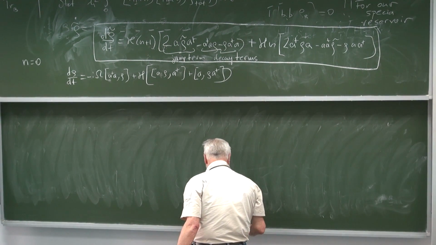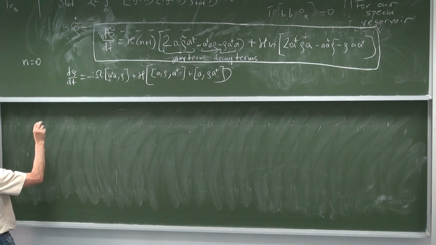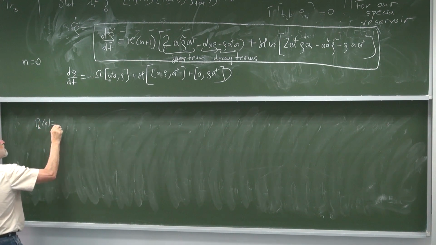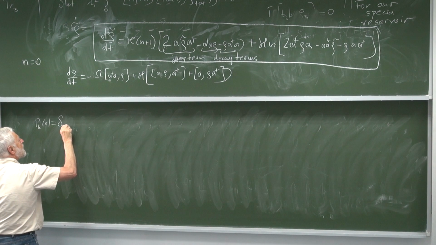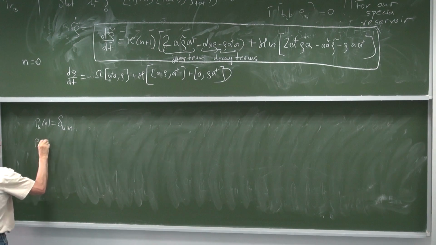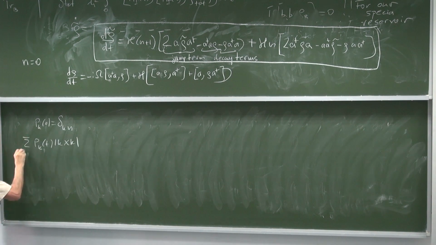To this end, we will do something analogous to the exercise before. Namely, we will assume first that our initial distribution is just delta K n, so that we start with n photons inside, and then we want to look at pK of t. The full operator would be again like this, summed over K from 0 to infinity, and this will be our answer for the time-dependent solution.